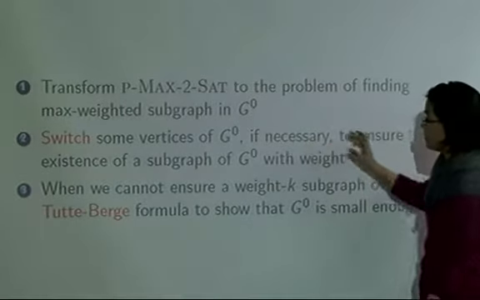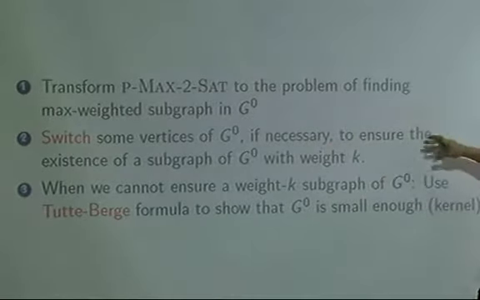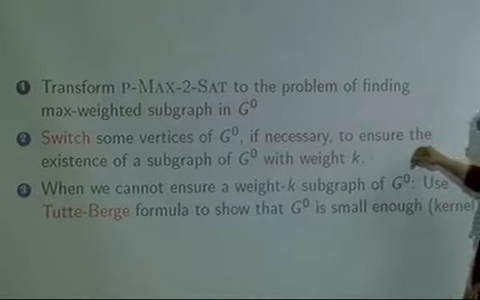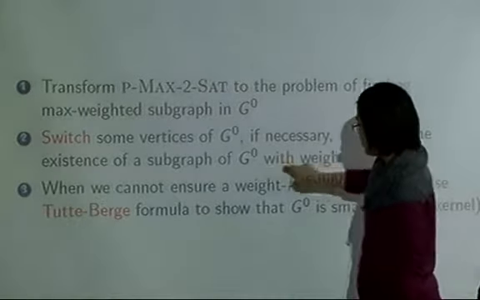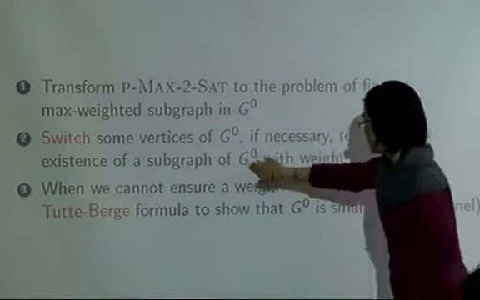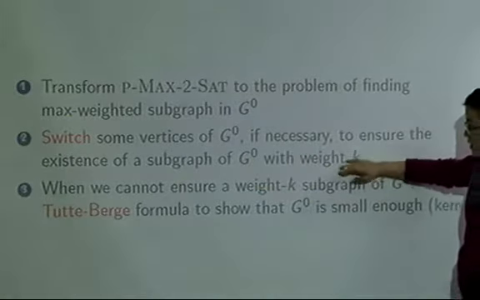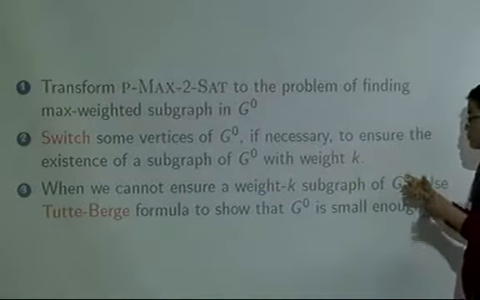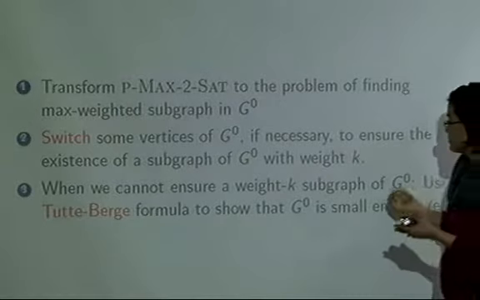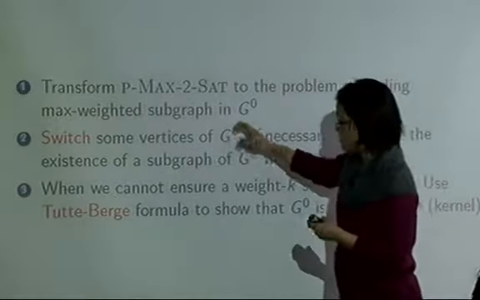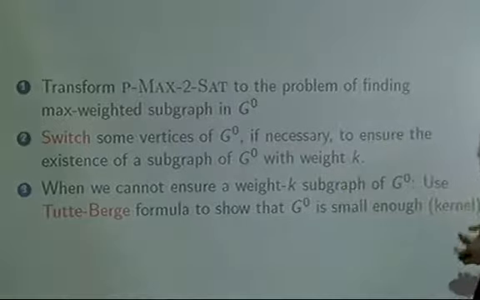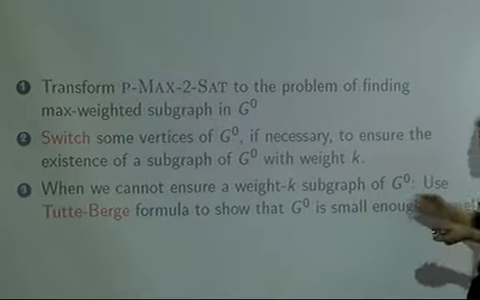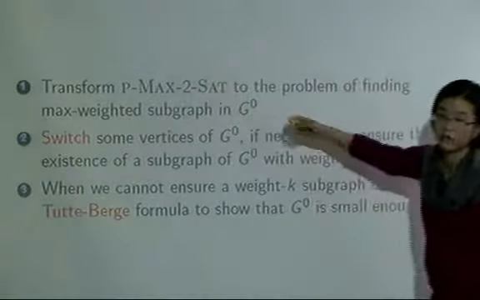And there is a theorem that appears in a later slide, that if you have a subgraph in this graph with weight k, follow with some operation on G0 if necessary, then that means the original problem is a yes instance.